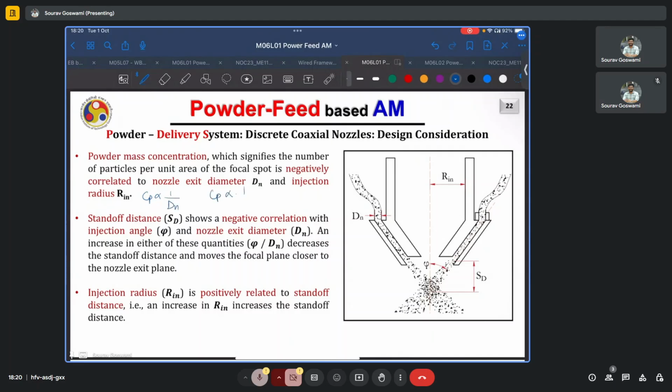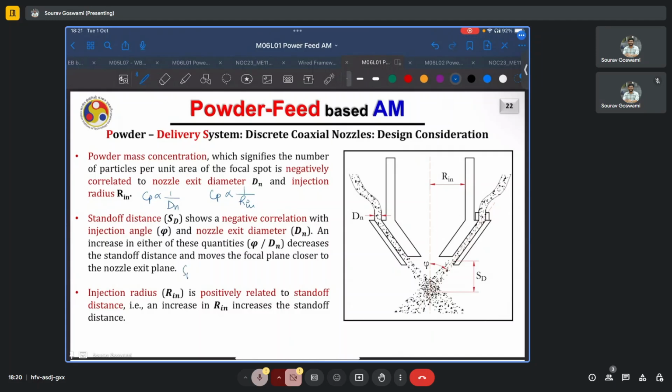1 by rn, the injection radius. Similarly, the standoff distance, which we know is defined as the distance between the nozzle and our focal point, or in cases where the focal point is on the substrate itself, then the distance between the nozzle and the substrate or build plate, also shows a negative correlation with the injection angle phi and the nozzle exit diameter dn.